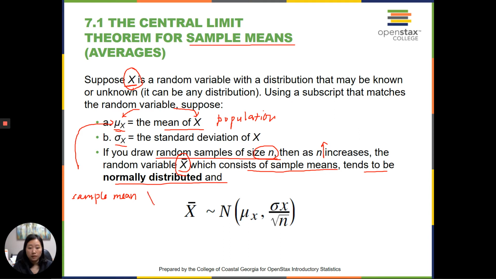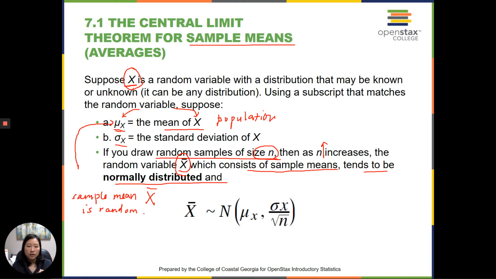So the sample mean x bar is random. Why? Because the way we're sampling is random, and it has to be random to make sure it's not biased. So the sample mean itself is a random variable.